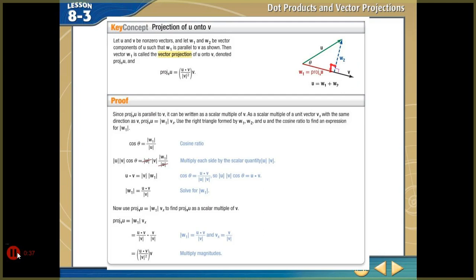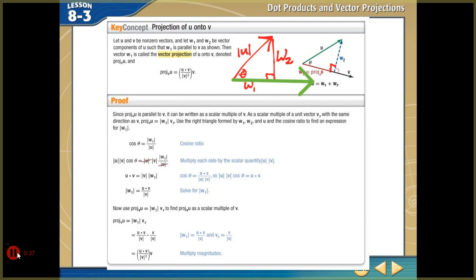If I had a triangle, and this is the magnitude of u, and this is some angle that I know, I can figure out w1, and I can figure out w2, given that I have some underlying vector that maybe goes further out, just by using sine and cosine. And that's really what we're going to look at going forward.